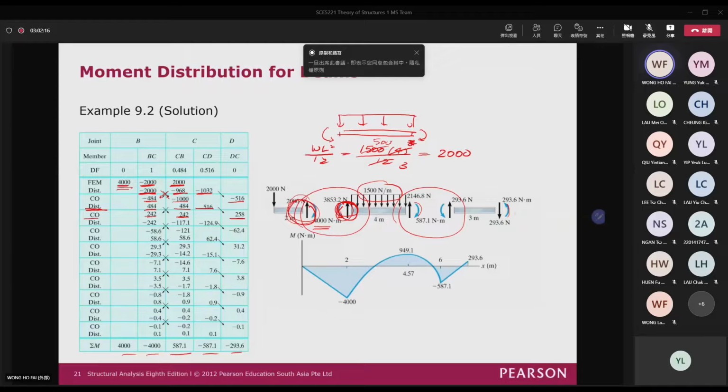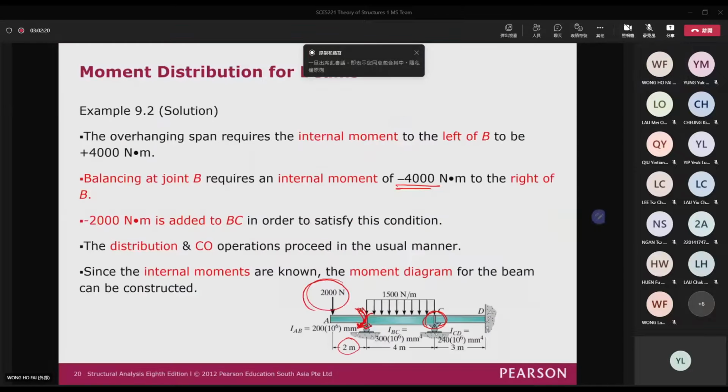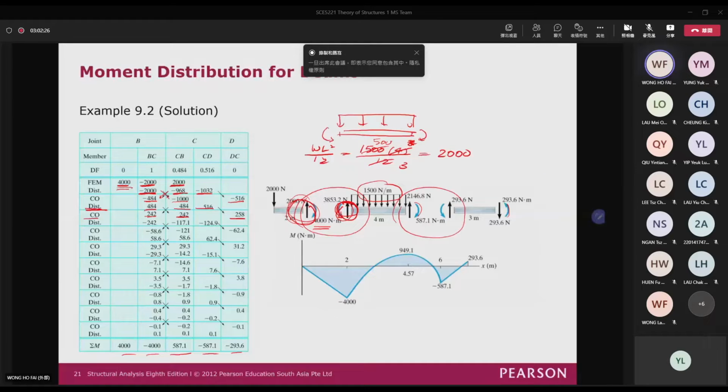And then on the right-hand side, because they connect to the wall, all the moment will be absorbed by the wall. So all the moments distributed to the wall will not carry over, because they have been absorbed by the wall.